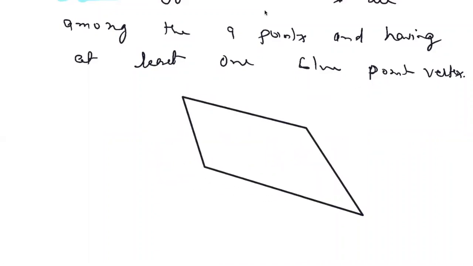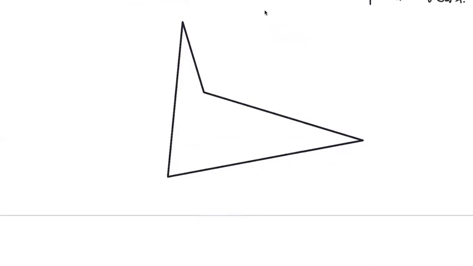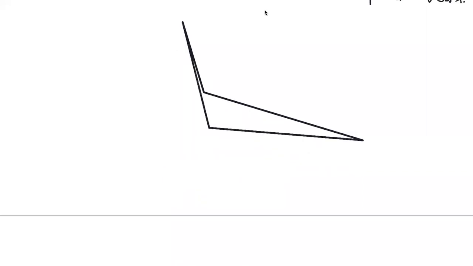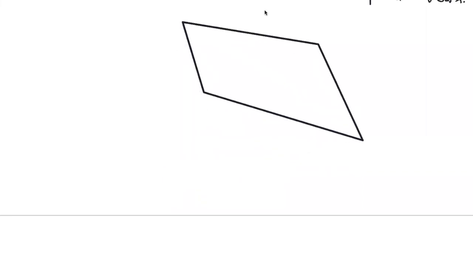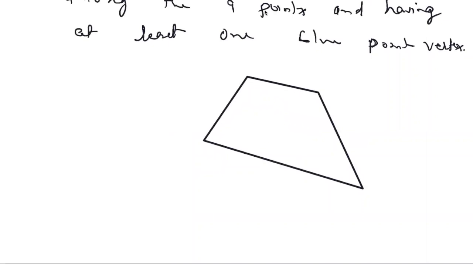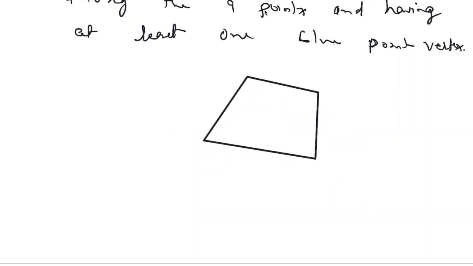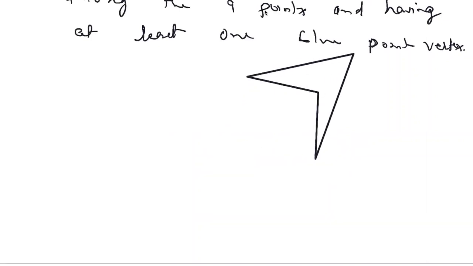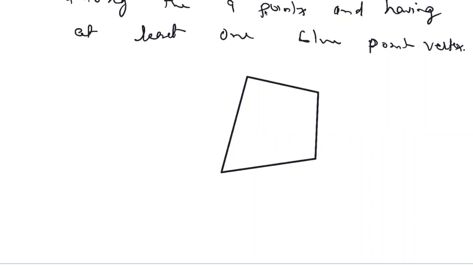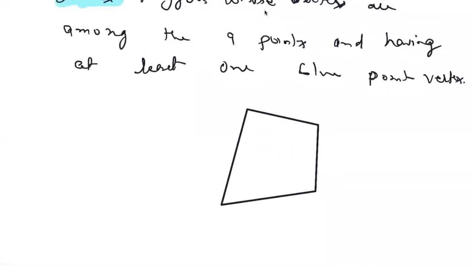Anyhow, you can go for this, right? But if I'm taking this one, right, this is called concave, right? When this angle is going more than 180 degrees. But this type of triangles, this type of quadrilateral are always convex ones, right? But if I'm taking this vertex going down there, you can see one of the angles is going more than 180 degrees, then this is known as concave, right? So convex means this type of figure would be there, right? So be careful on that part.